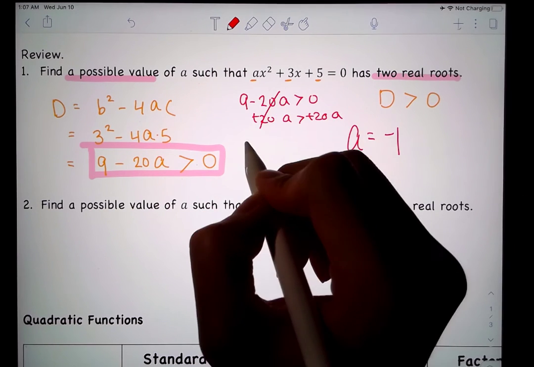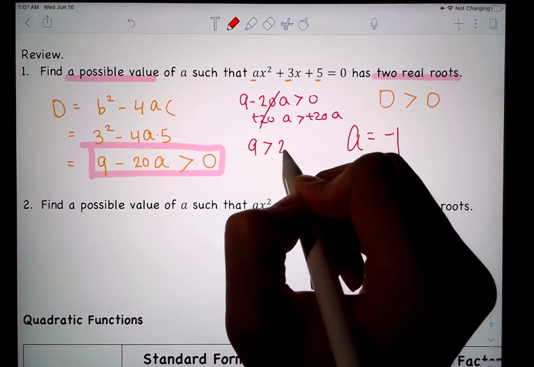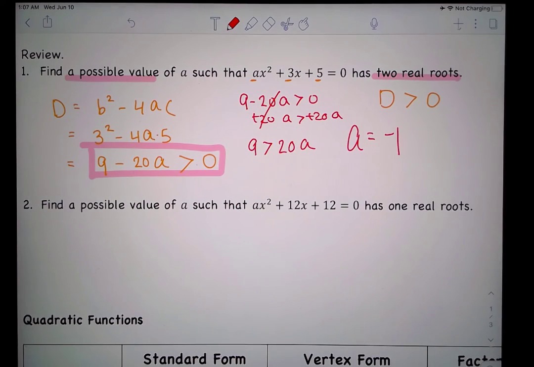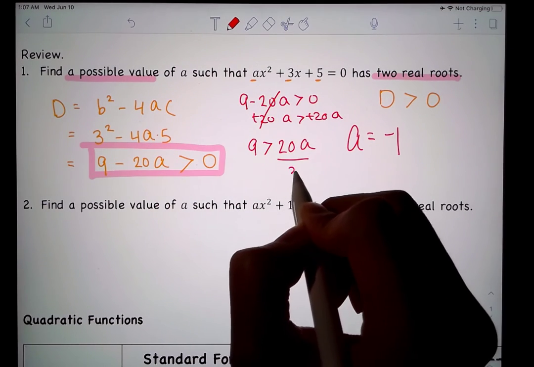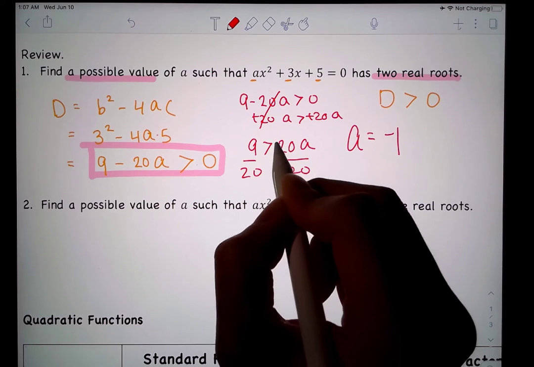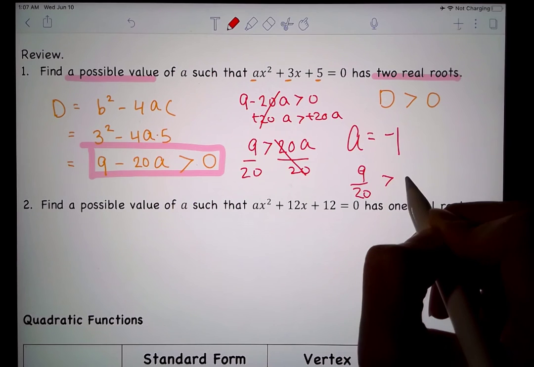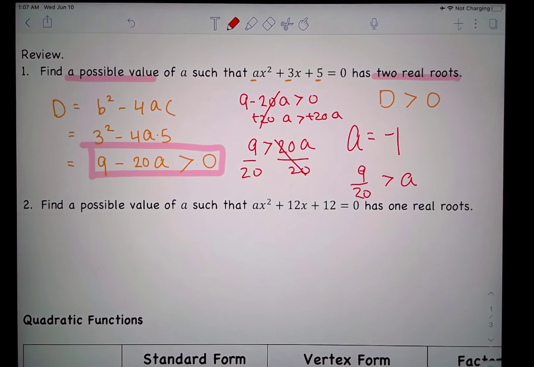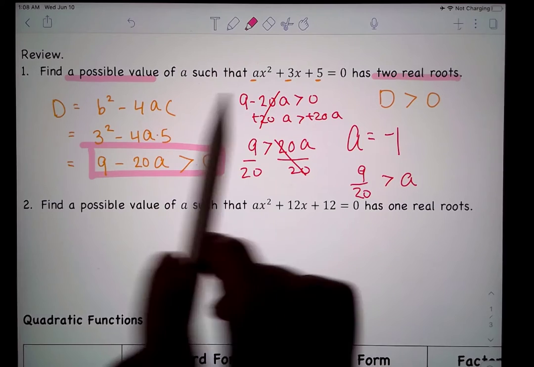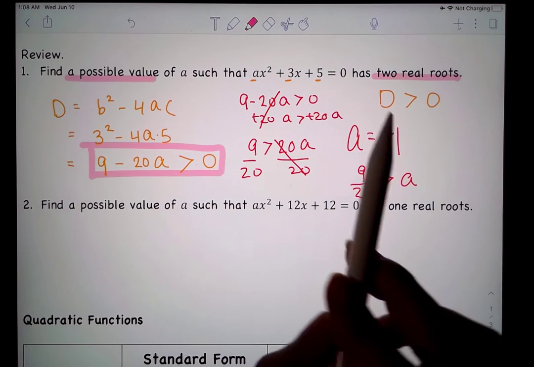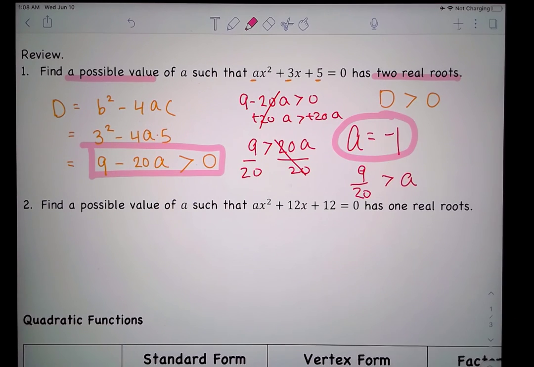So you get 9 greater than 20a, and you divide by 20. Then you will get 9 over 20. So if a is anything less than 9 over 20, then the equation will have two real roots. Okay? So either one. The question just asks you for one possible value, so you could give this or you could give this inequality.